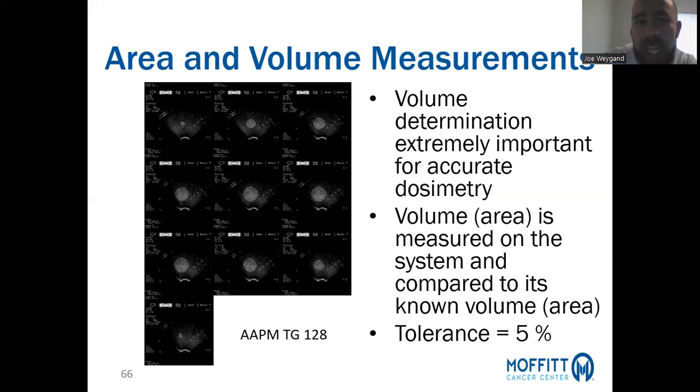You take a number of axial images, contour them in each slice, and determine the area in each slice, which you can compare to the known area, or integrate over the volume and compare your contoured volume to the actual volume of the structure. Your tolerance is 5%, which might seem a little high, but this is adjusted to allow for inaccuracies in one's contouring ability.